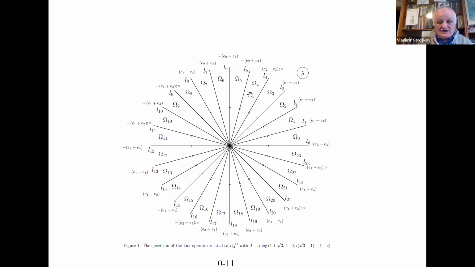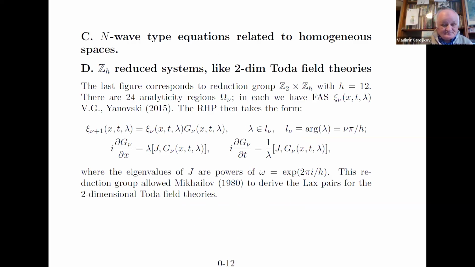One can define fundamental analytic solutions in each of these sectors. And now the Riemann-Hilbert problem is written in a little bit different way. It is not just one relation, xi plus equals something times xi minus, but now it is xi nu plus 1 equals xi nu multiplied by the Sokhotski function g nu.